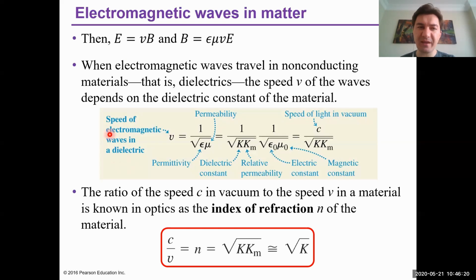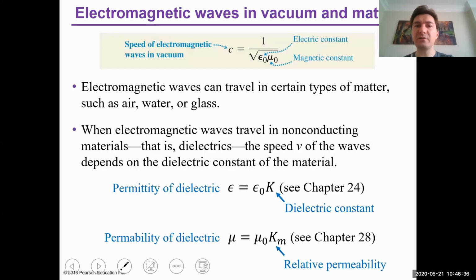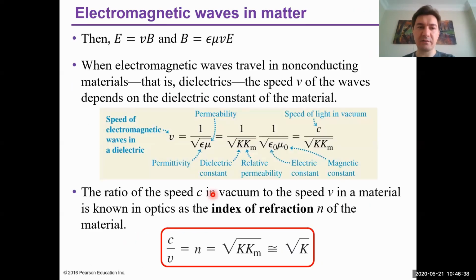Then the speed of electromagnetic waves in a dielectric material can be written as v, and it is equal to 1 over square root of epsilon times mu, permittivity and permeability. So look at this one and look at this one.